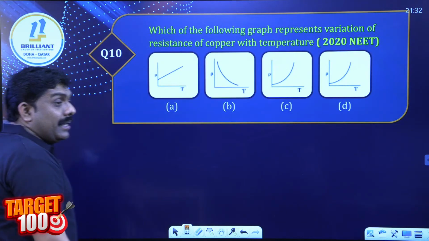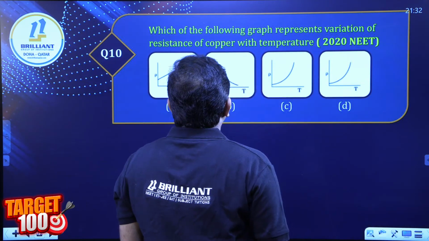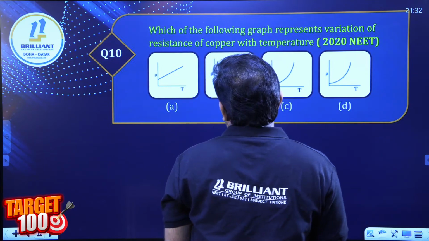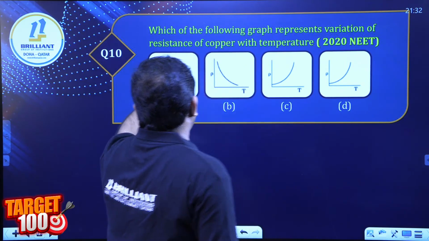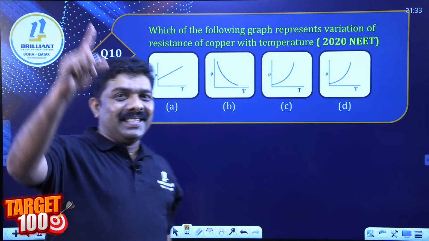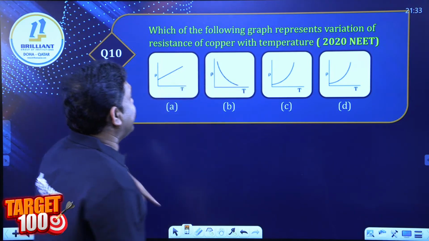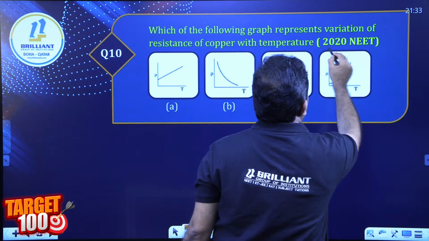Now we are doing the next question. Which of the following graphs represents variation of resistance of copper with temperature? I think we explained this last time. This is a 2020 NEET question.